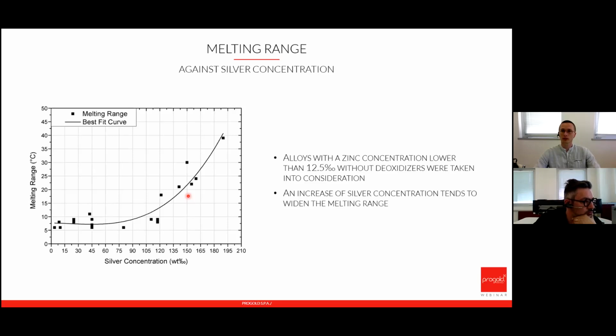So also form filling is partially related to the melting range, because the form filling capacity of an alloy also depends on other kinds of parameters, such as the liquid viscosity of the alloy, or for example, the simple casting temperature.